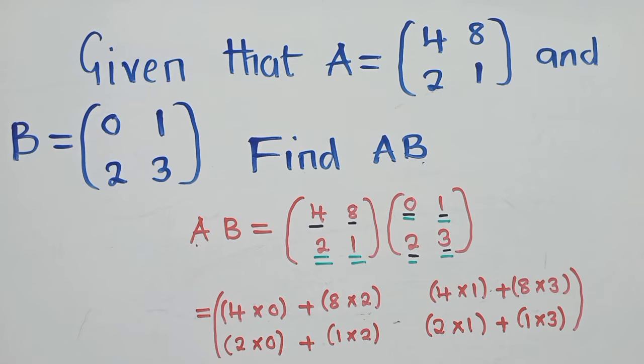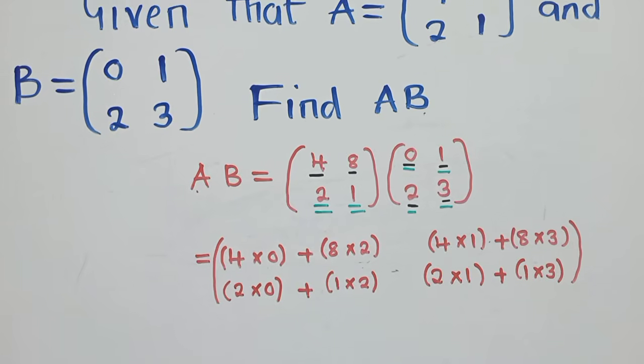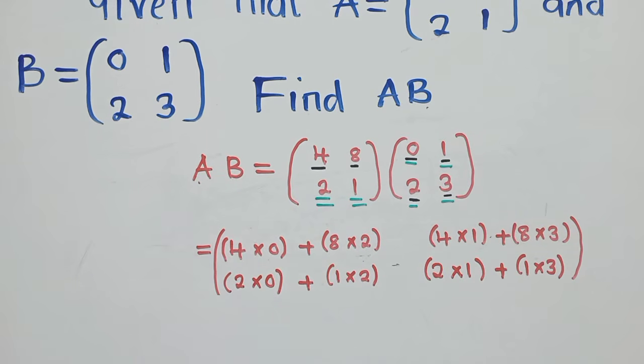Now at this point, we just need to clean up our work. It will be equal to 0 plus 16, then 4 plus 24, then 0 plus 2, and 2 plus 3.